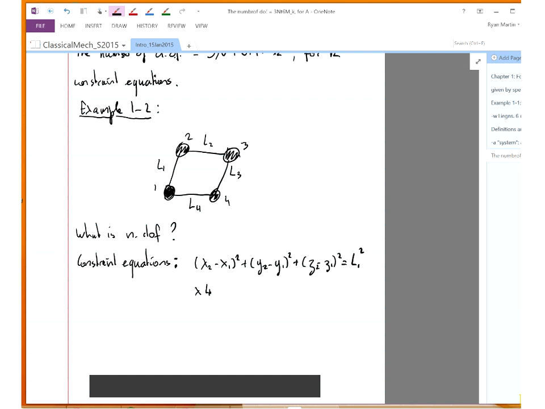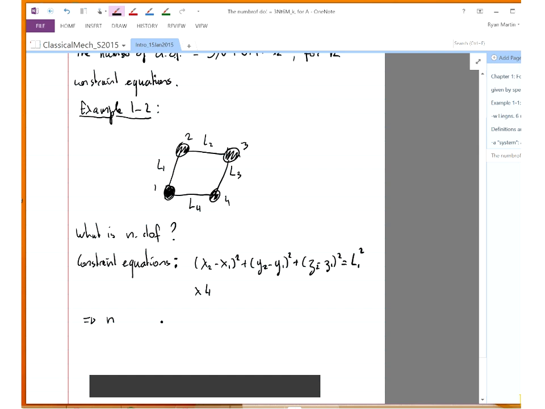In the assignment, you'll specifically have to find a good set of coordinates for them. But in the most general case, it's 4 constraint equations.